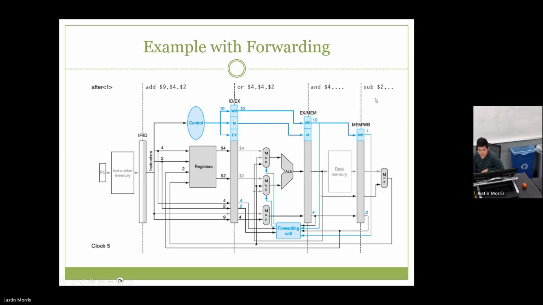But we know that register 2 was going to be updated. It's still not updating from the sub instruction, right? But we have the value from this register, right? And then we also want to read from register 4, and it is writing to register 4.